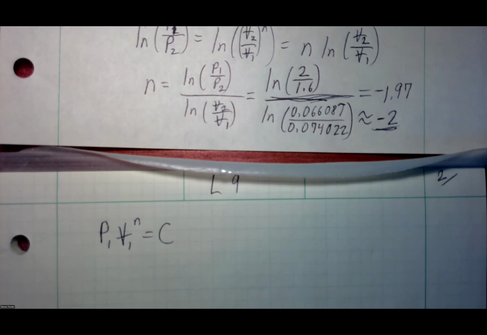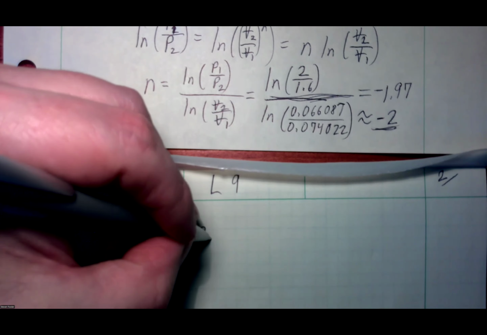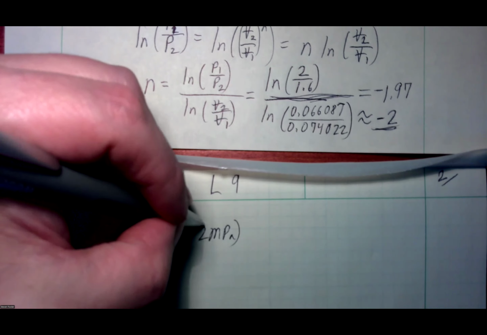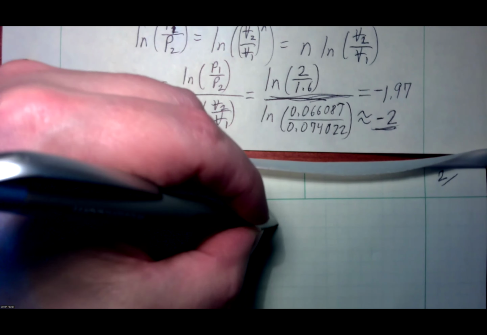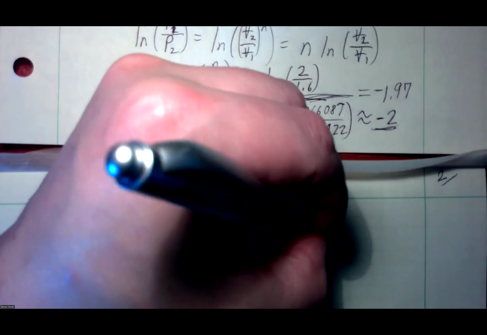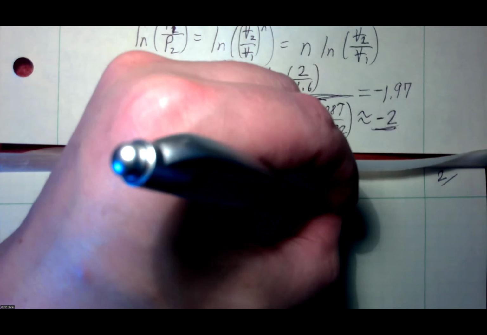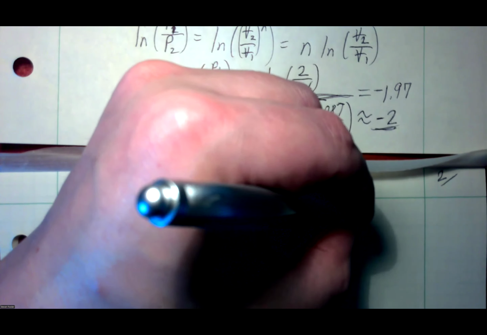I'm just going to do state 1. That is going to be 2 megapascals, that's P1, times V1, which we said was 0.074022 meters cubed. That's going to get raised to n, which is a minus 2.